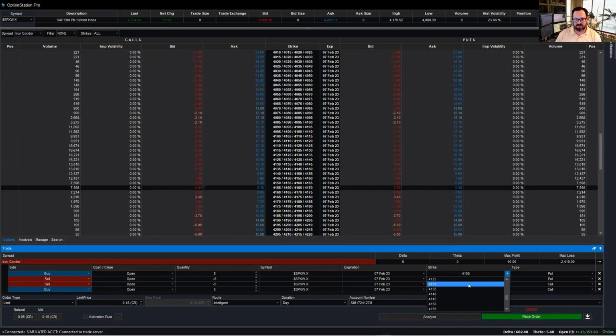I've got to do the one I'm buying first. So that would be 4095, 4100. And on the call side, it was 4180. So I'll do the buy first, 4185. There it is. Yep, perfect.